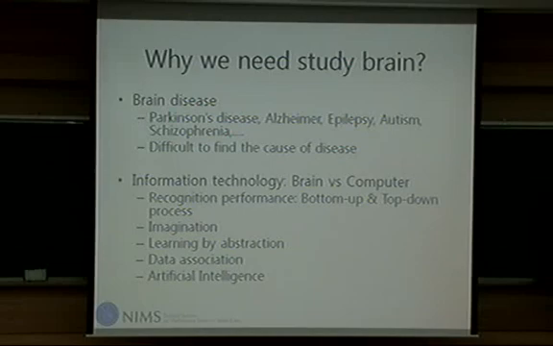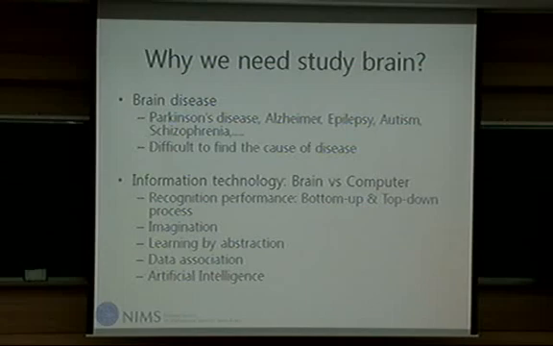If there is a problem with the cells in the brain, that causes this kind of disease. So these brain diseases are now in the field of biology and science. The problem is that it is very difficult to find the cause of the disease, which makes it difficult to find a way to cure it.